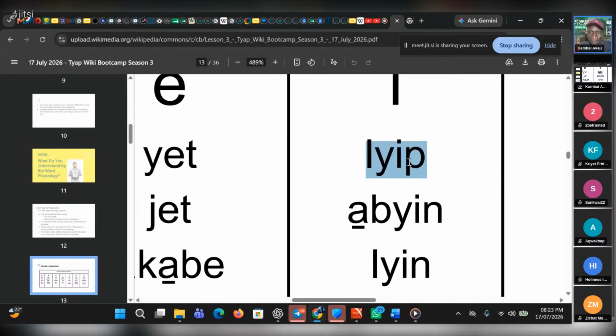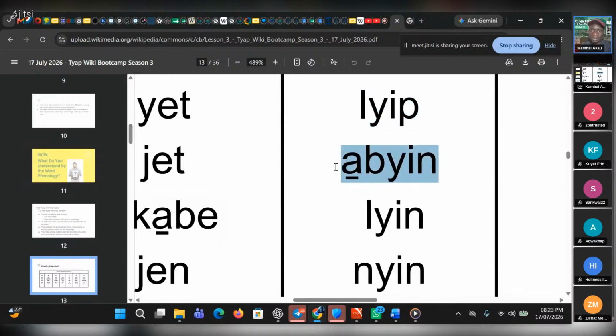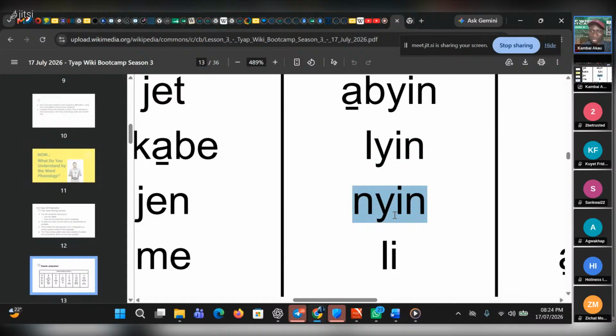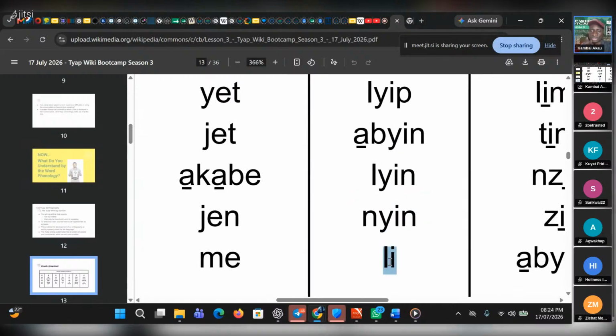Then we have the E sound. We have examples like lip, to ask, bien, land, lien, darkness, nyin, you, li, to see.